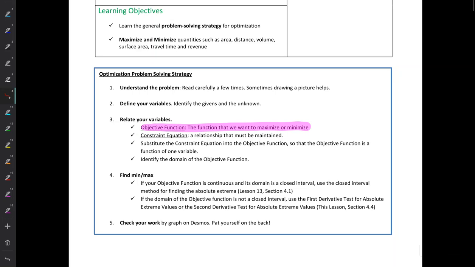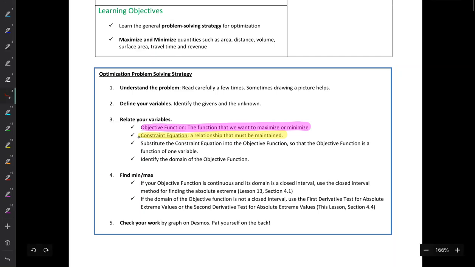Now, usually the objective function is going to depend on more than one variable, and so you're going to need to use your constraint equation to relate the variables. We're trying to make like a yard, but we only have so much fencing. The length of that fencing, in other words, the perimeter of the yard, would be a constraint, right?